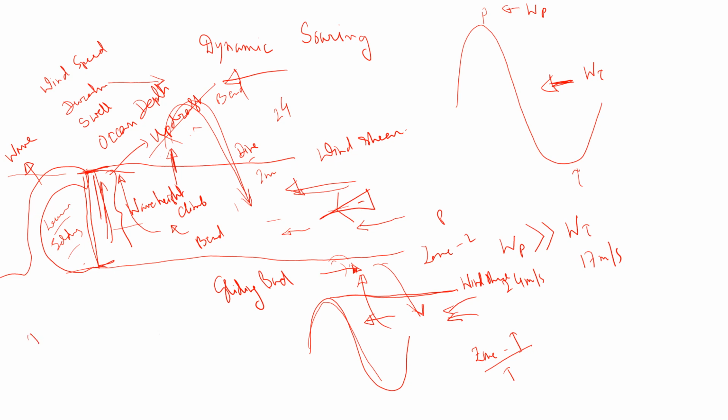This dynamic soaring is divided into these 4 parts. One is upward bend, second is upward climb, then downward bend, and third is downward dive.